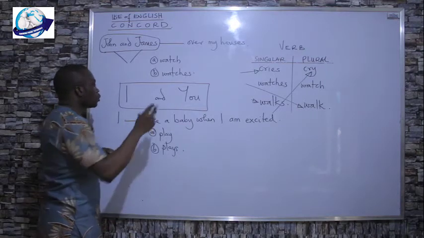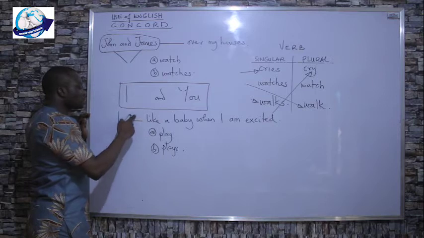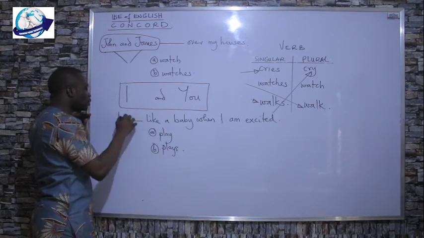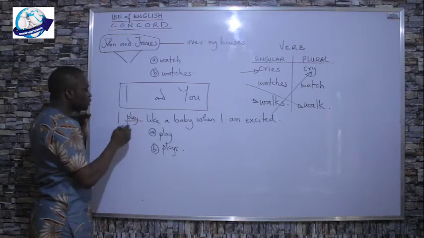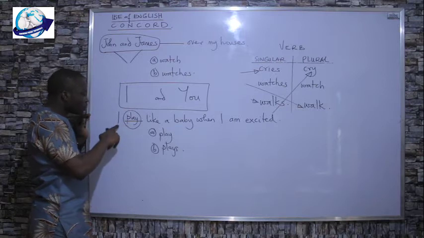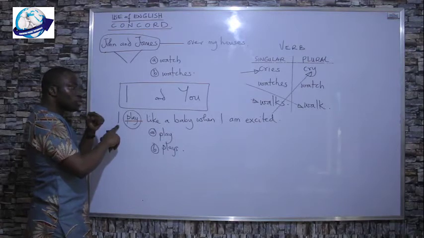Okay? Now we go. I dash like a baby when I'm excited. I'll take I play. This play is a plural verb. We are having a subject I that looks as if it's singular, but it's not. I and you don't go that way.